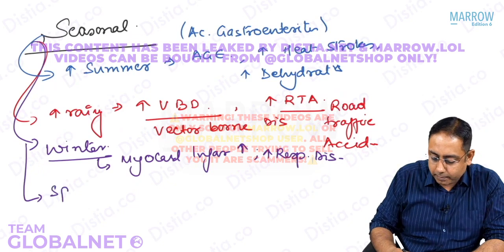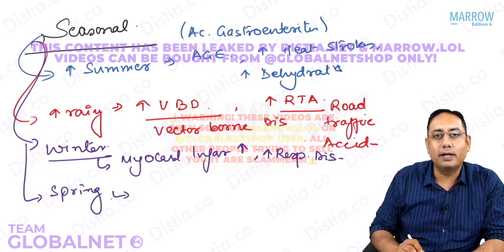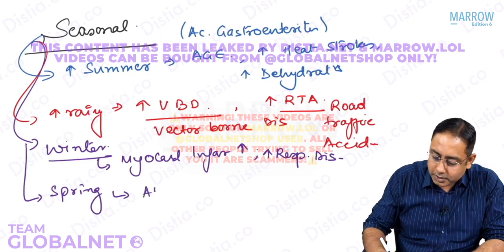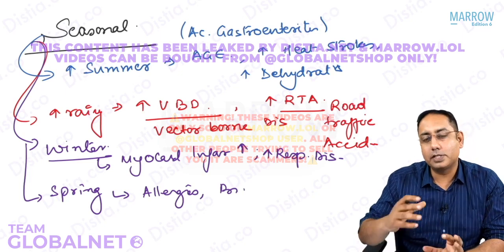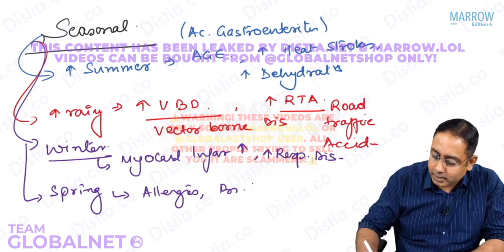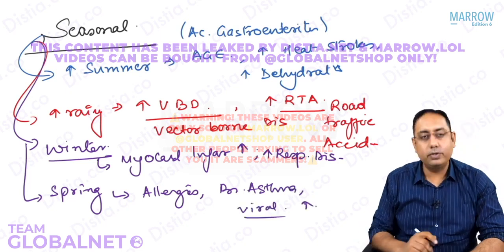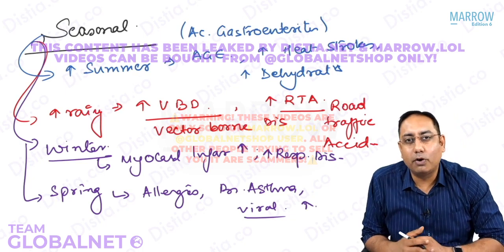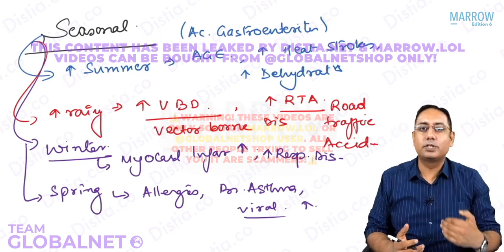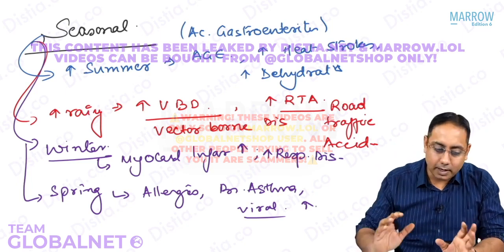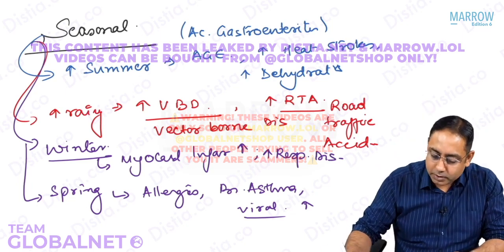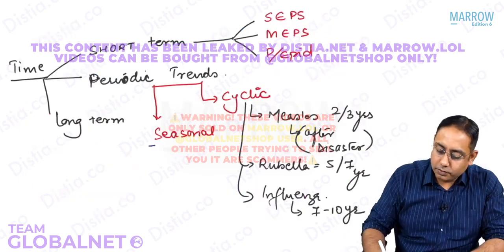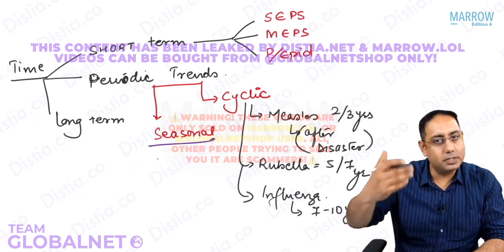If you talk about spring, don't you think that allergies are on a higher side? Acute exacerbations of bronchial asthma are more. Many viral diseases are also on the rise during the spring season, specifically chickenpox or measles. These happen just before summers. So there are some diseases which have a summerish, winterish, rainy or spring season. So that is about the seasonal trends. For seasons, you can talk about winter, summers, and so on.